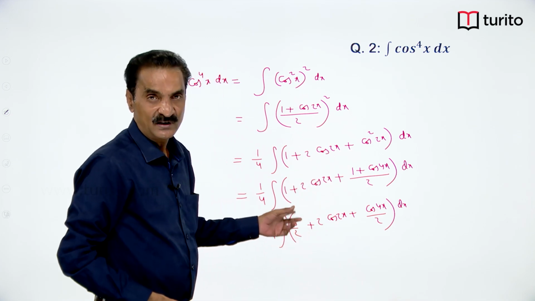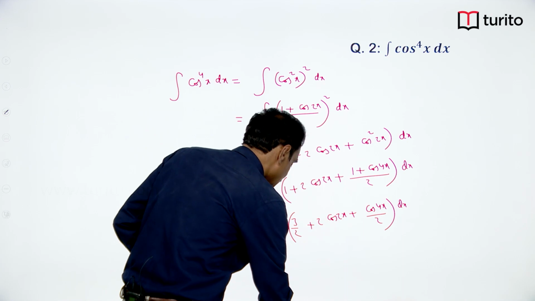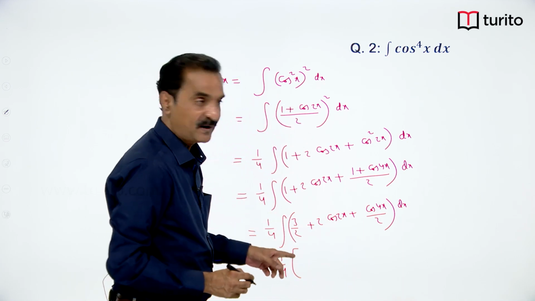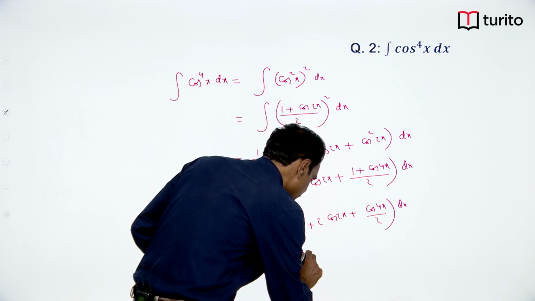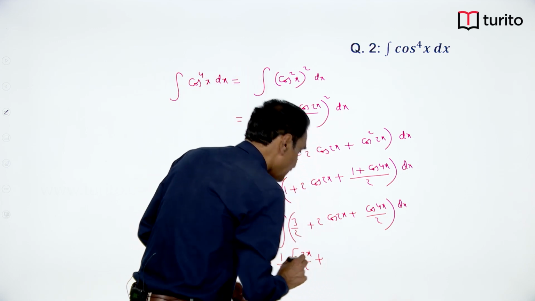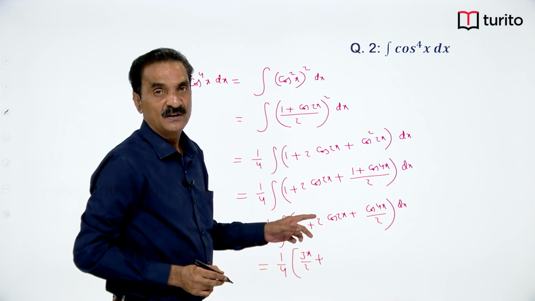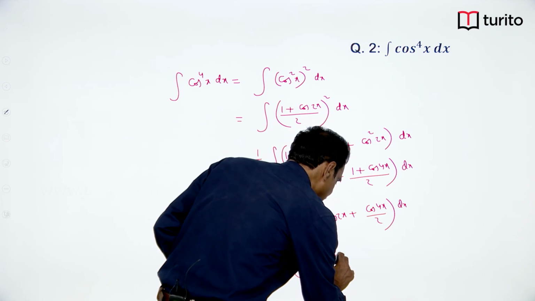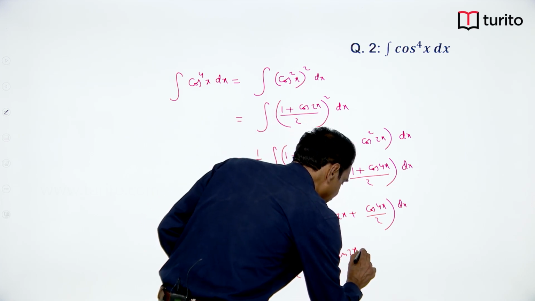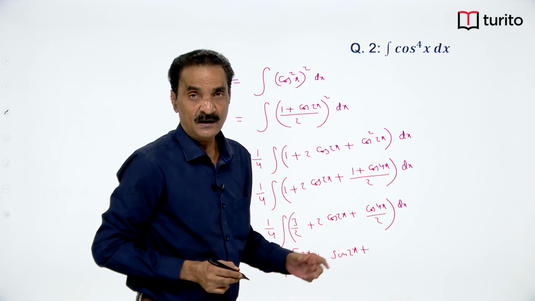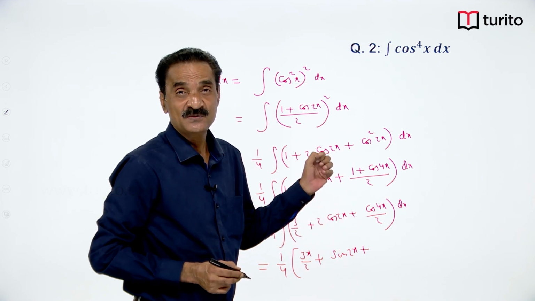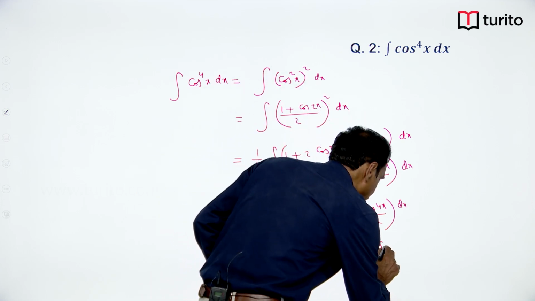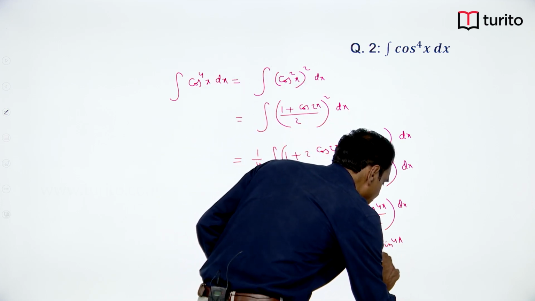Integral of 3 by 2 is 3x by 2, so 1 by 4 into 3x by 2 plus integral of 2 cos 2x is 2 into sin 2x by 2, that will be sin 2x, plus integral of cos 4x is sin 4x by 4, another 2 is there, so it will be sin 4x by 8.